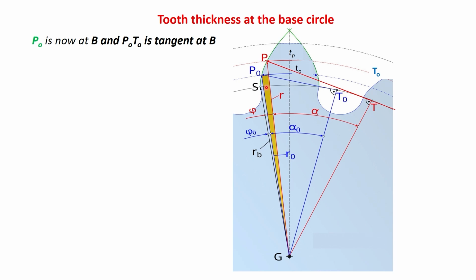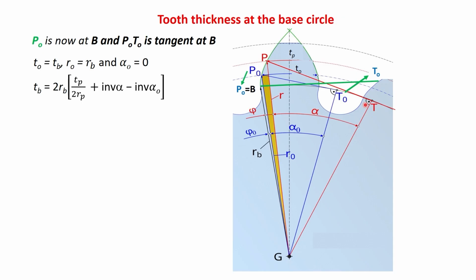So, P0 is now at B, and this P0 T0 is the tangent at B. So, T0 is TB, the gear tooth thickness at the base circle, and R0, the radial distance of P0, will become RB, the base circle radius, and alpha 0 will become 0, because at B, when we draw a tangent, it will not touch the base circle at any other place.